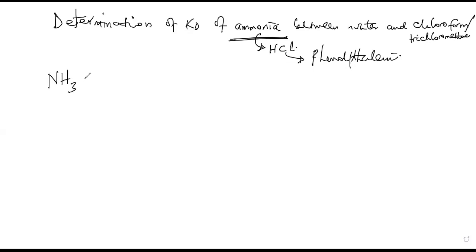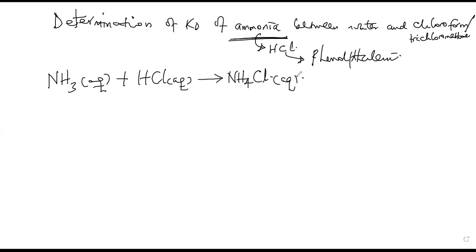Ammonia solution reacts with the hydrochloric acid, and we form ammonium chloride as an aqueous solution. From the volume of the standard hydrochloric acid used, we can get the concentration of ammonia in the organic layer, because that is what we pipetted.